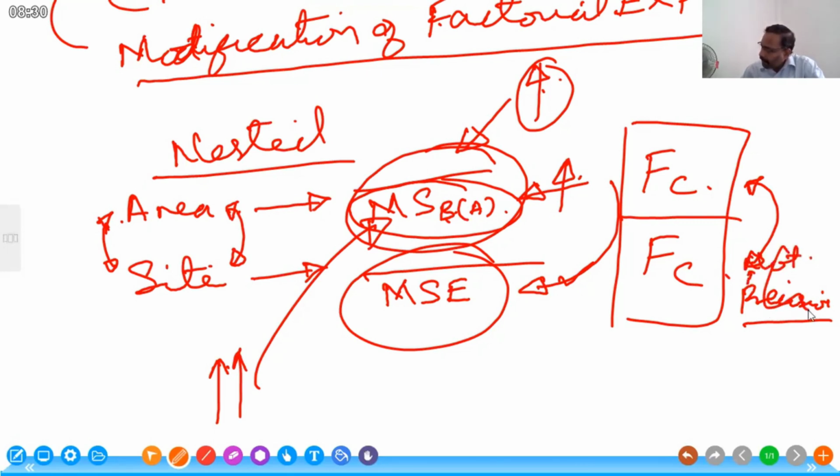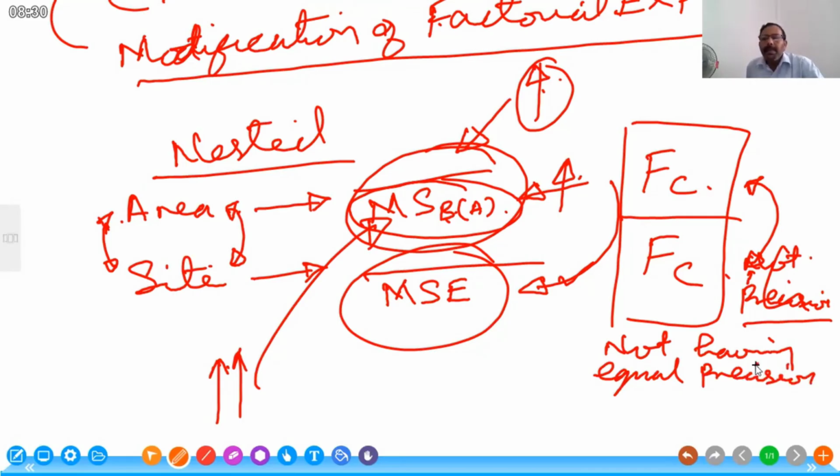We can say not having equal precision. You see, they are having different precision. One is highly precise, the other one is less precise.